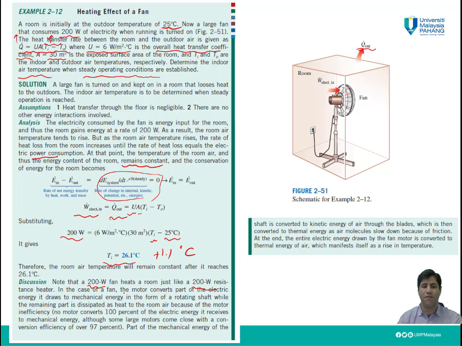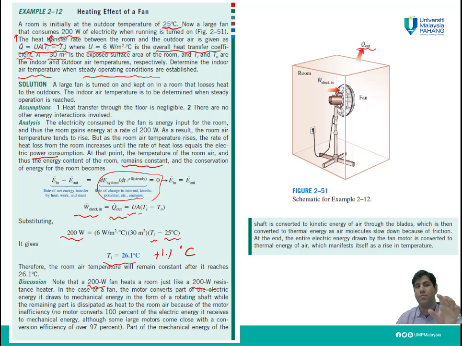Why? Because the motor of the fan converts part of the electric energy it draws to mechanical energy in the form of a rotating shaft, while the remaining part is dissipated as heat to the room air because of the motor inefficiency. Not all of the electrical power which comes to the motor of the fan is converted to mechanical energy.